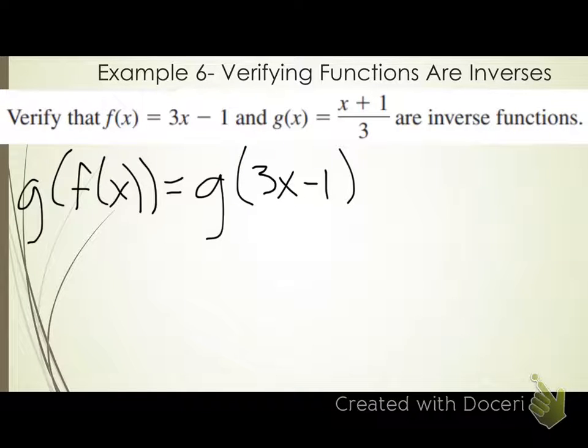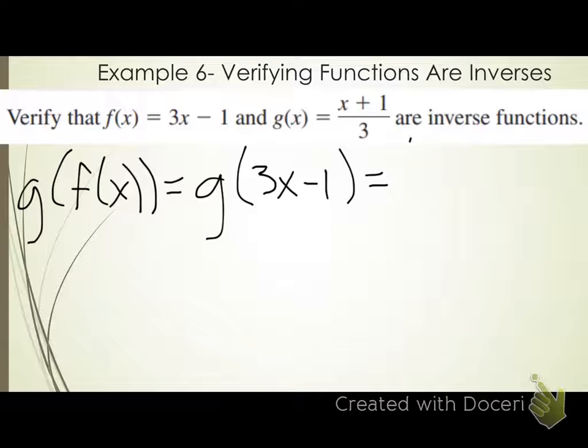So now I'm essentially finding g of 3x minus 1. So in my g function, what am I replacing x with? 3x minus 1. I'm taking the x out, replacing it with 3x minus 1.